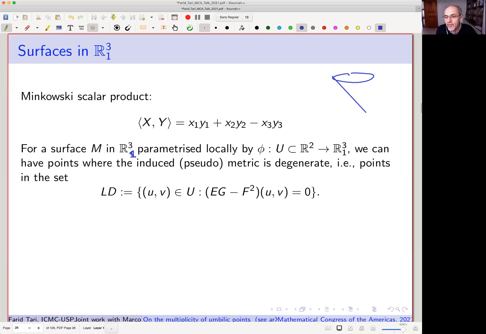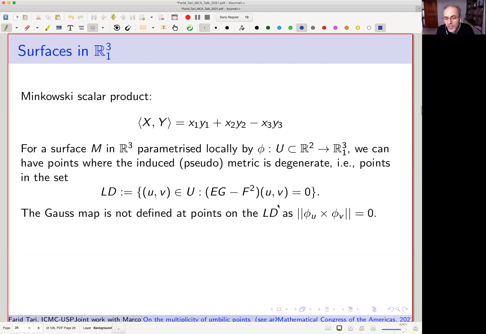If we have our tangent cone, I can have a surface where the tangent space is tangent to the cone. If the tangent space is tangent to the cone, then the induced metric here is degenerate. It means that the vector product of phi_u with phi_v is 0.